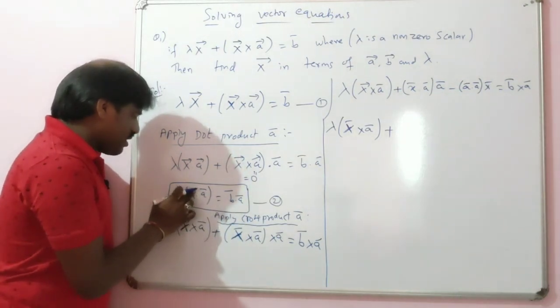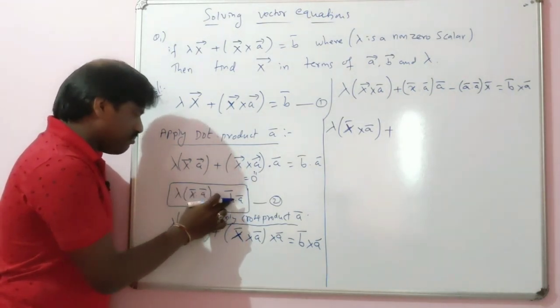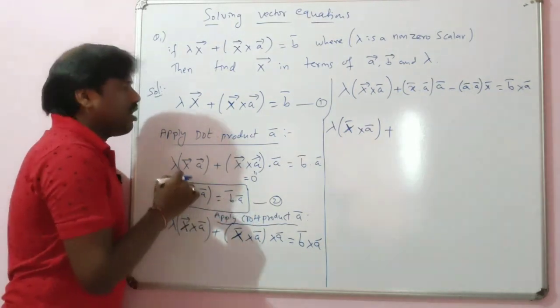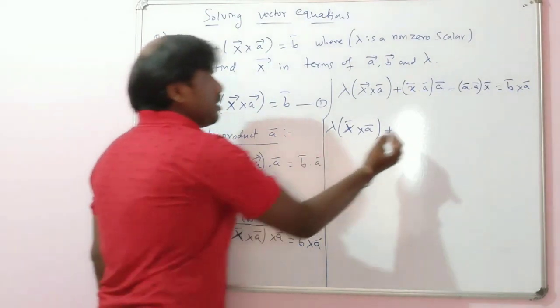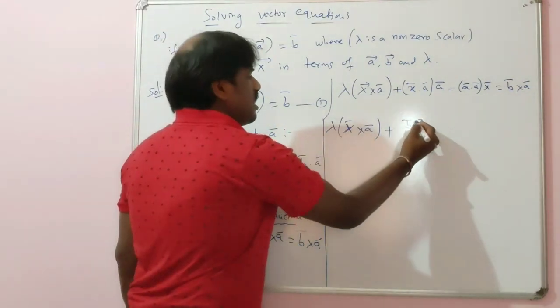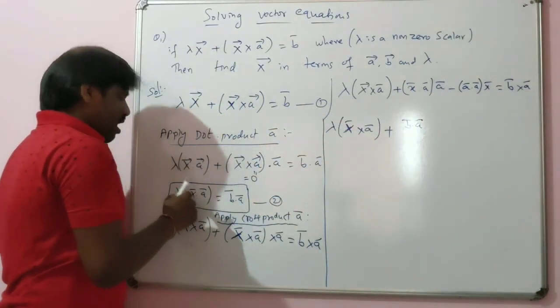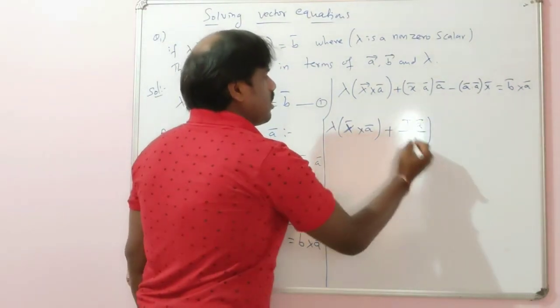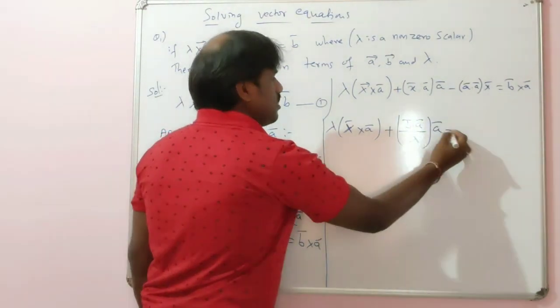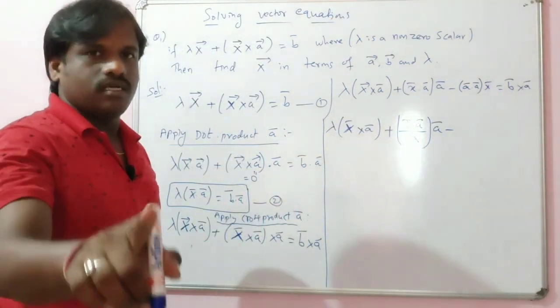So x vector dot A vector is B vector dot A vector upon lambda. So I can write here, this value can be written as B vector dot A vector upon lambda into A vector minus, okay, I hope you understand.